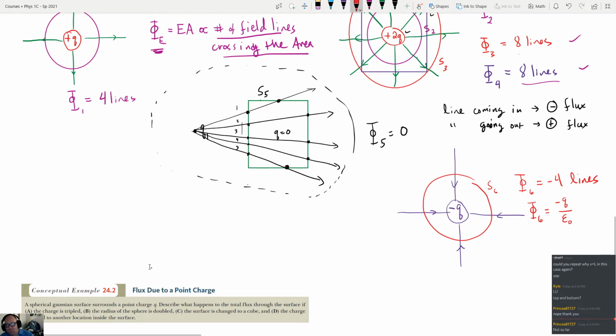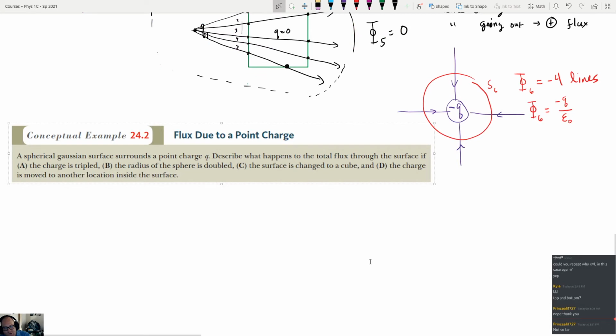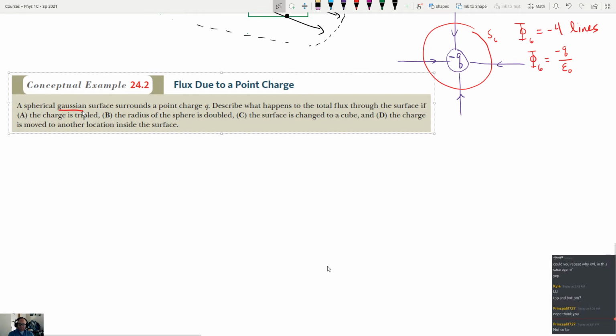Okay, let's see if you can all answer these questions now. It says, a spherical Gaussian surface. Now here's the first time you're seeing this phrase. All of these surfaces are just described as Gaussian surfaces. It's just a surface. It's not anything special.